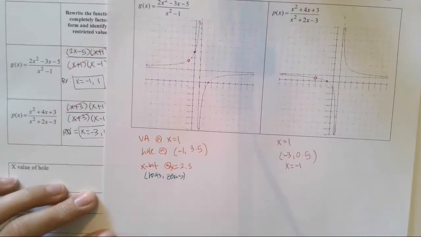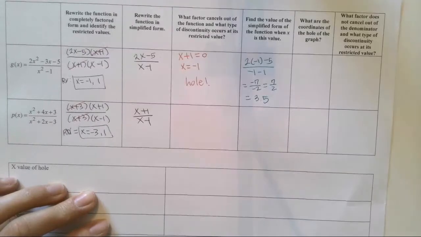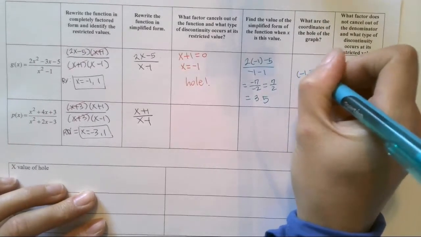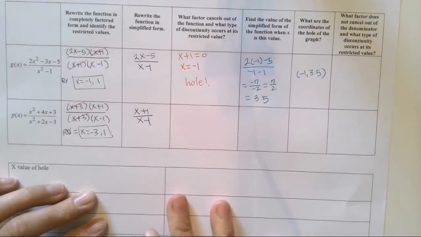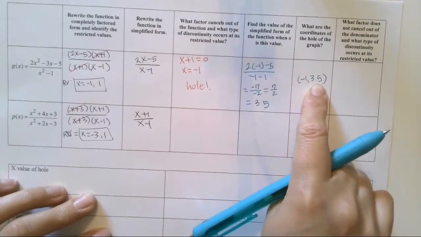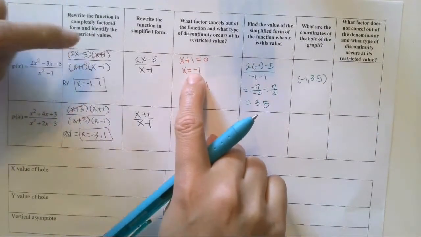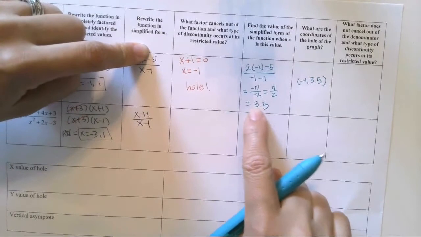Negative 1 comma 3.5. So, in other words, how would you find the y value of the hole on the function? You take that x value and plug it into the simplified form, and it's going to give you the y value of the hole.